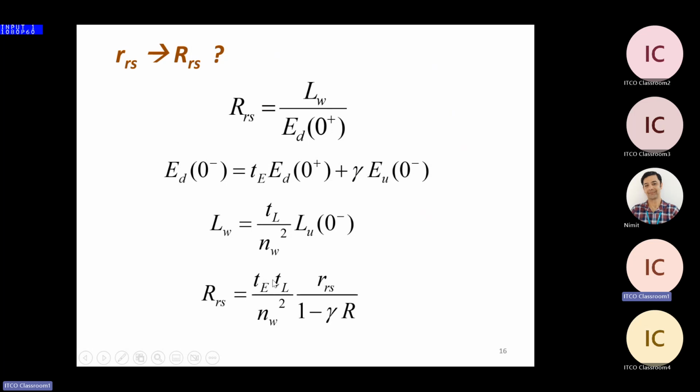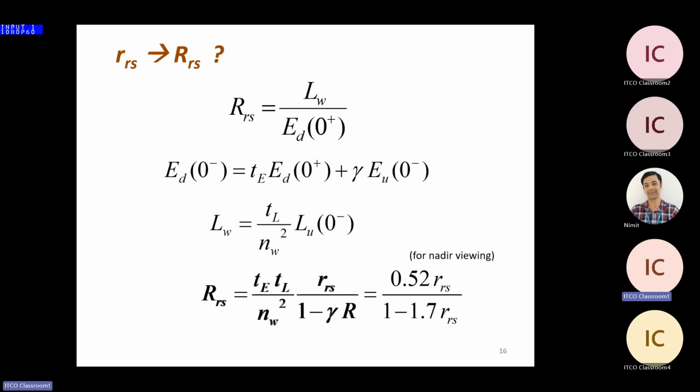TE is the transmittance of downwelling irradiance. TL is the transmittance of upwelling irradiance. This is the below-surface RS. This gamma is the internal reflectance of the water-air interface. This R is irradiance reflectance. So then we can get the below and above connected.